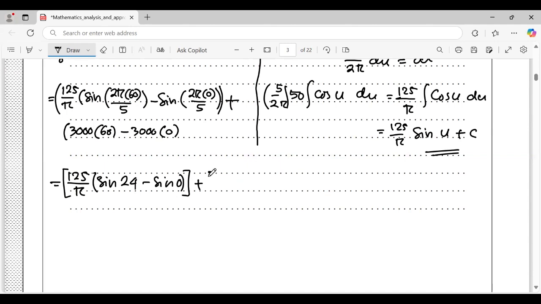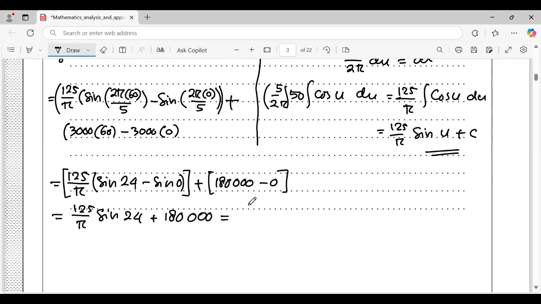So in, sorry, 3000 times 60 is 180,000. Okay, minus 0. So it becomes 125 over pi sine 24, because sine 0 equals 0, plus 180,000.